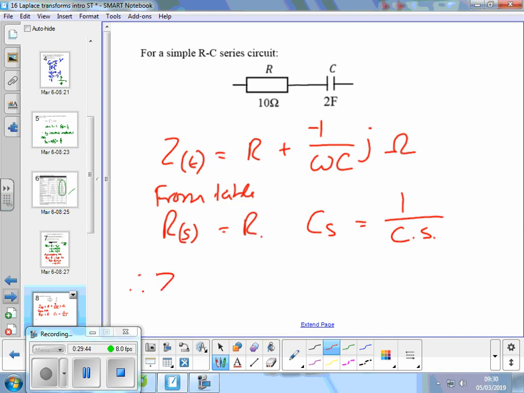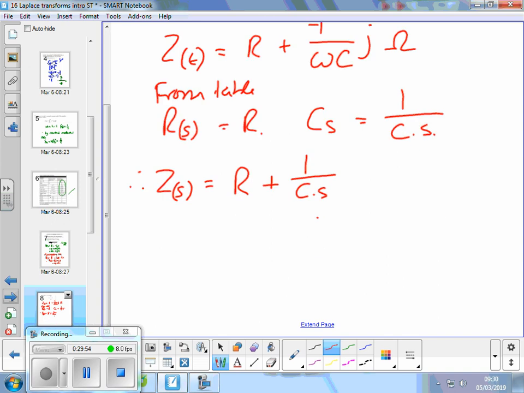Therefore, Z of S for an RC circuit is R plus 1 over CS, which in this case, for this circuit, is equal to 10 plus 1 over 2S.